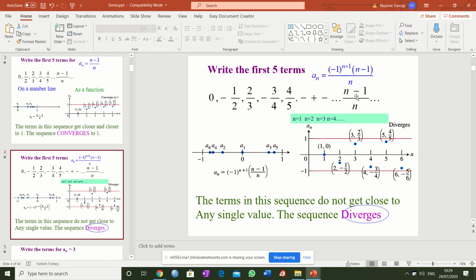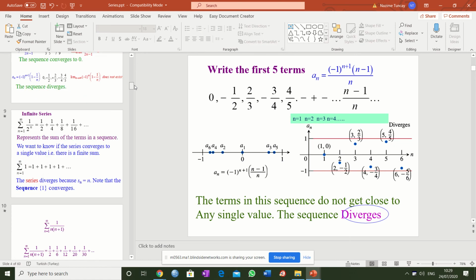And when the range is like this, where the domain is always 1, 2, 3, 4, 5, the integers, and we have a range that is positive, negative, we say it diverges.